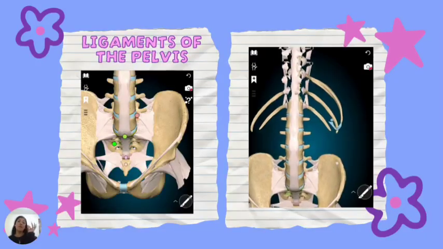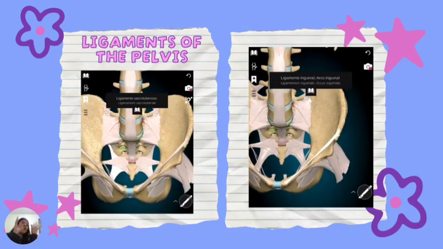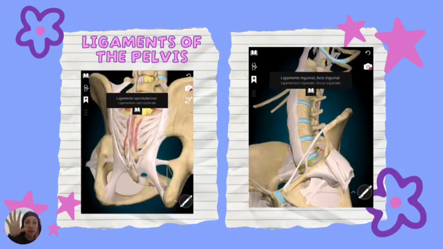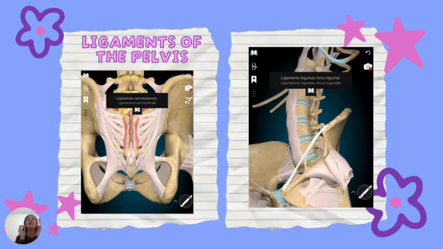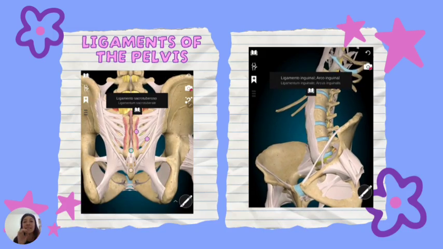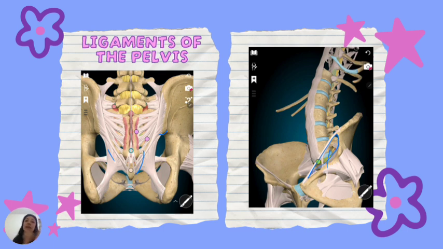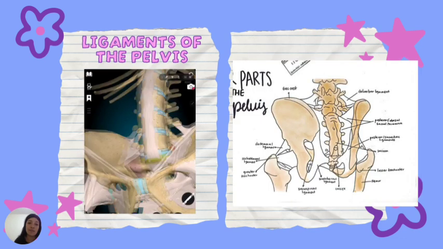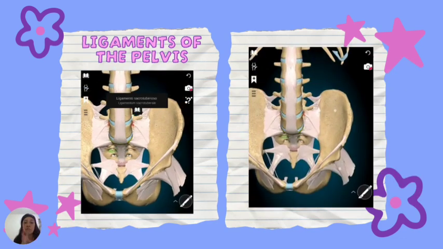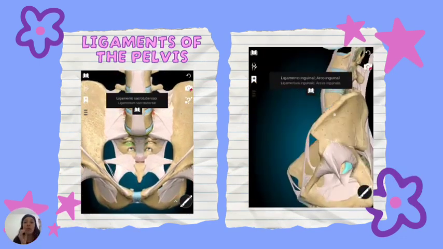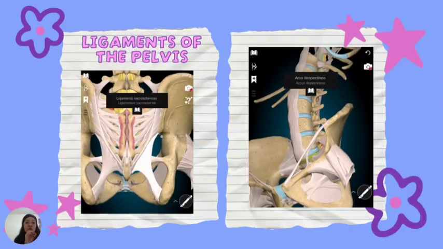Here we have the third part, the ligaments of the pelvis. The pelvis is stabilized by a complex network of ligaments. The first are the anterior and posterior sacroiliac ligaments, which we can see in this video, and which secure the sacrum to the ilium.